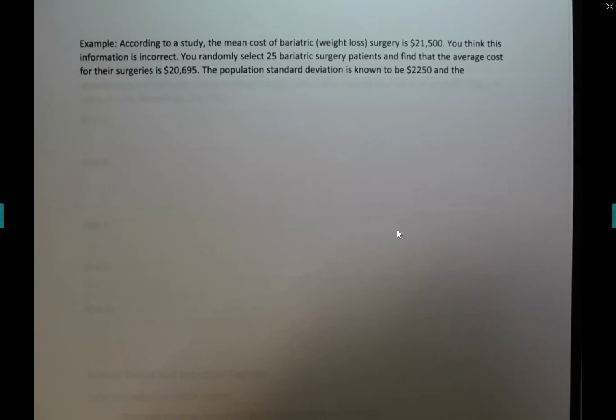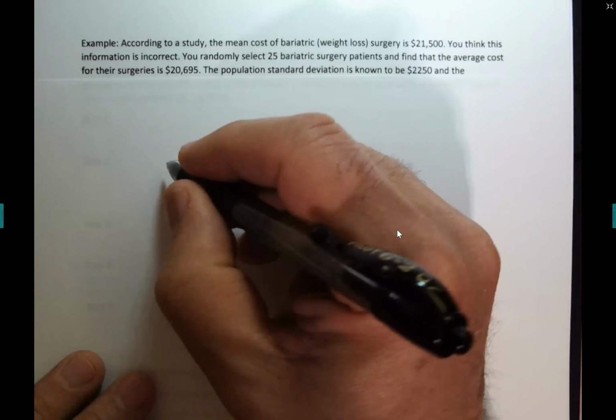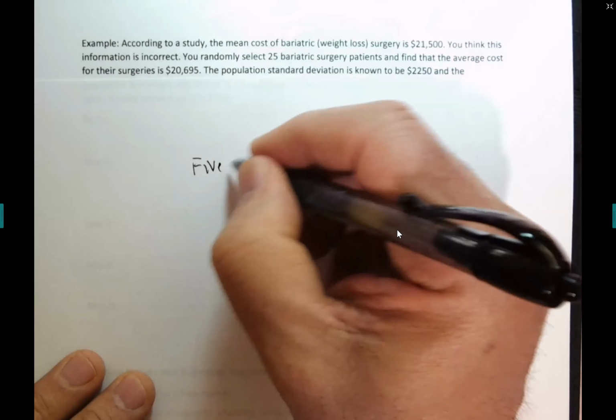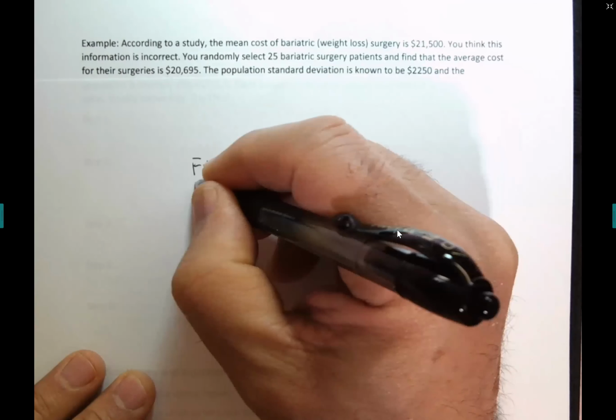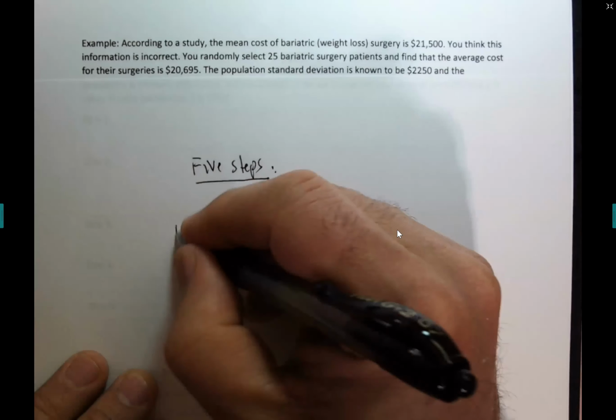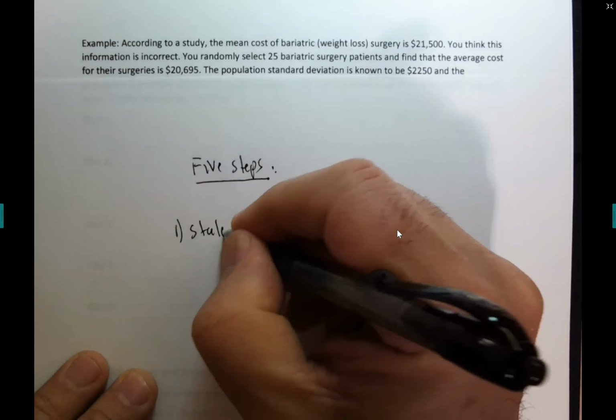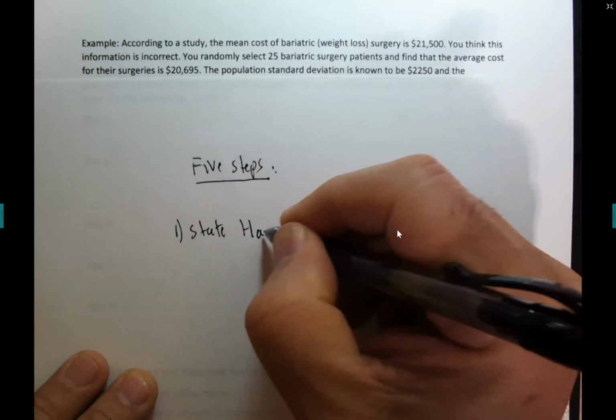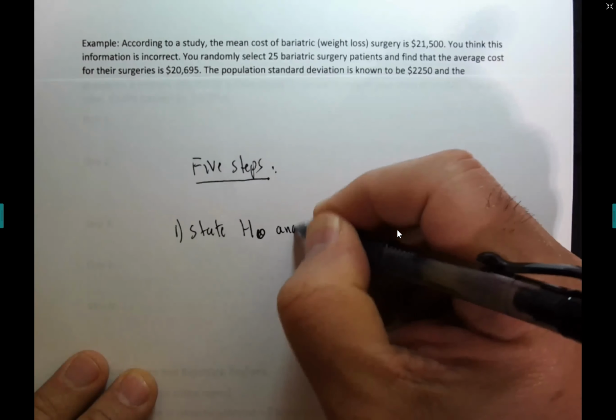So, in order to perform a hypothesis test, you have to perform 5 steps. Let me write them down. Always those 5 steps. The first step is to state H0, and what else, guys?